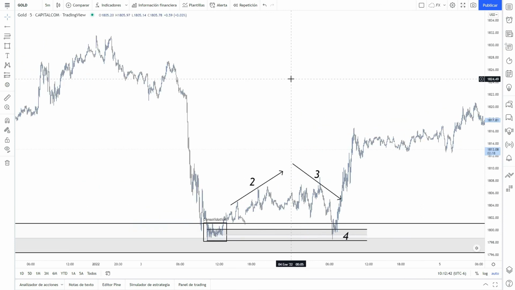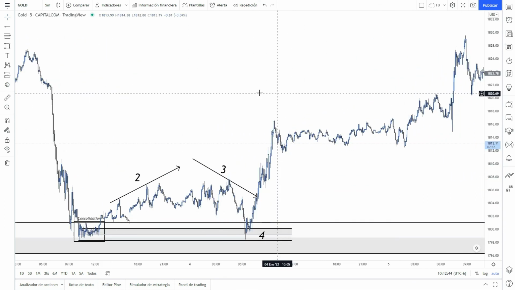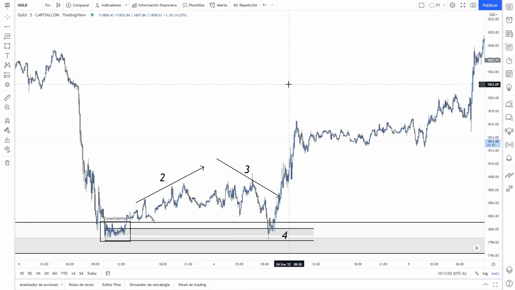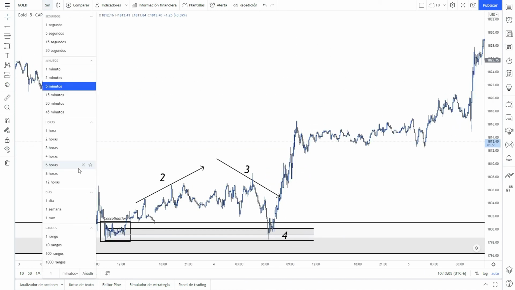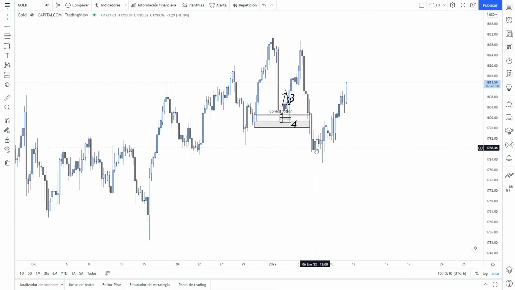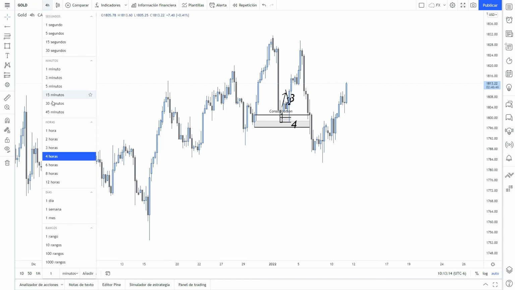And what happened next? See how we are starting to use all the concepts we are learning. The structure, supply and demand levels, valid supply and demand levels, inefficiencies, price cycle, and how all of this in combination works. So when we are in a bullish trend and we have inefficiencies like this, we know the market will try to fill that.